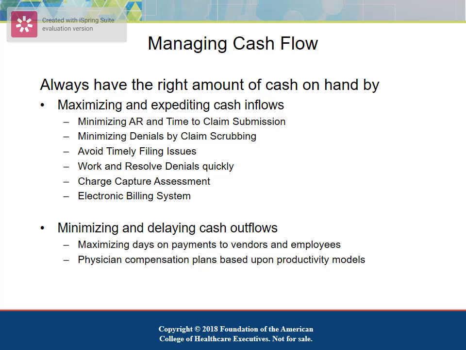Also, you'd want to consider physician compensation plans. Physician compensation plans, looking at productivity models, are a way to manage that cash outflow. If you have a physician who is seeing many clients, so you're billing out a lot of revenue, then you're paying them more.